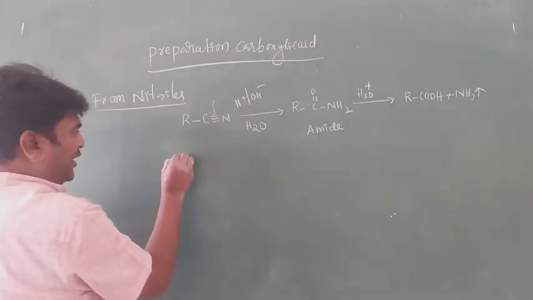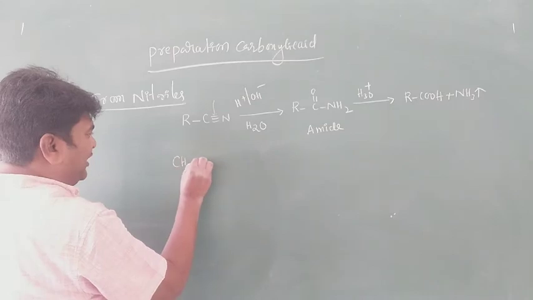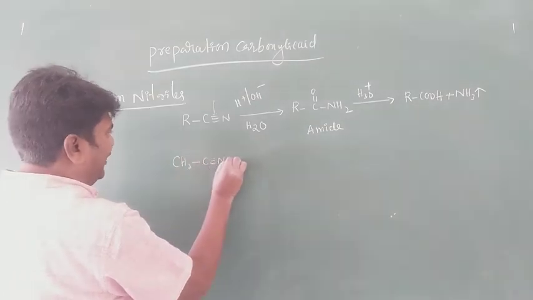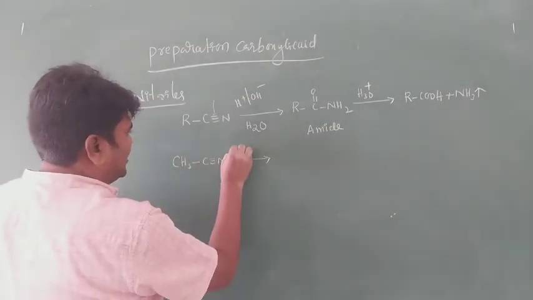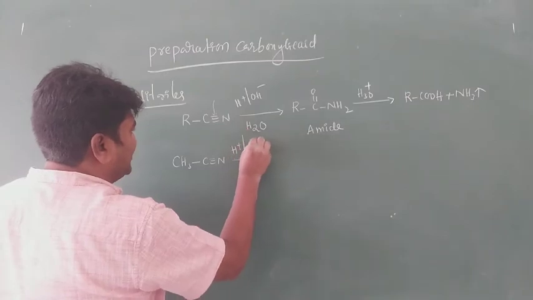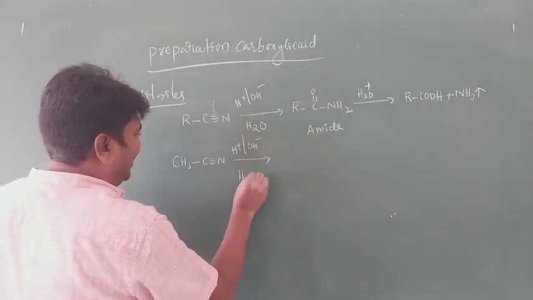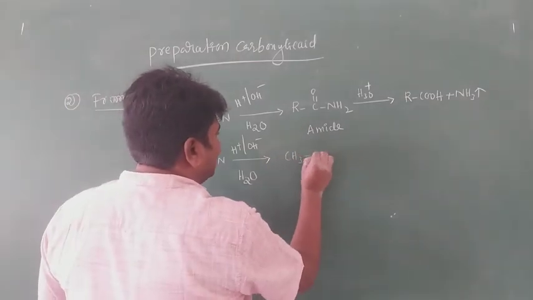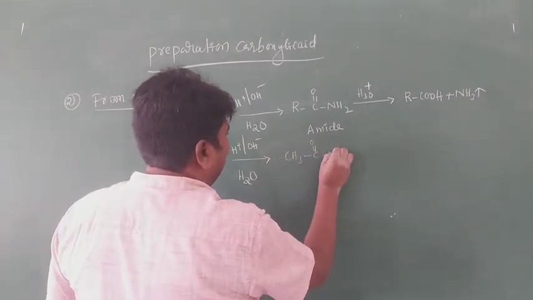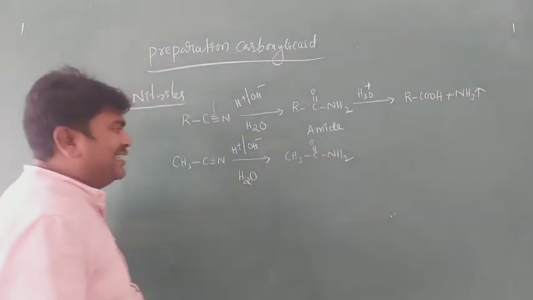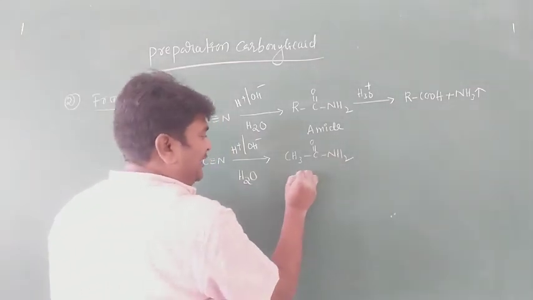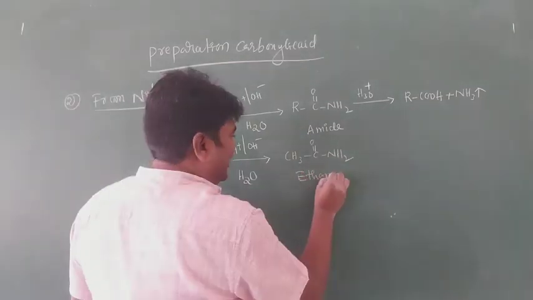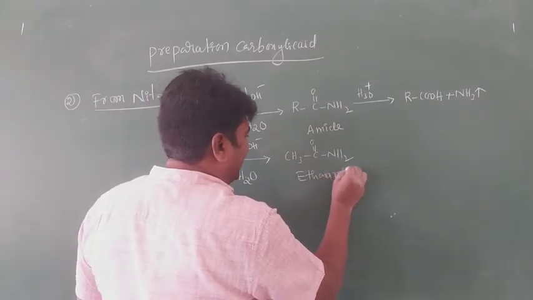Suppose if you take CH3 C triple bond N, in presence of acidic medium or basic medium, on hydrolysis you will get CH3 C double bond O, NH2. This name is ethanamide.